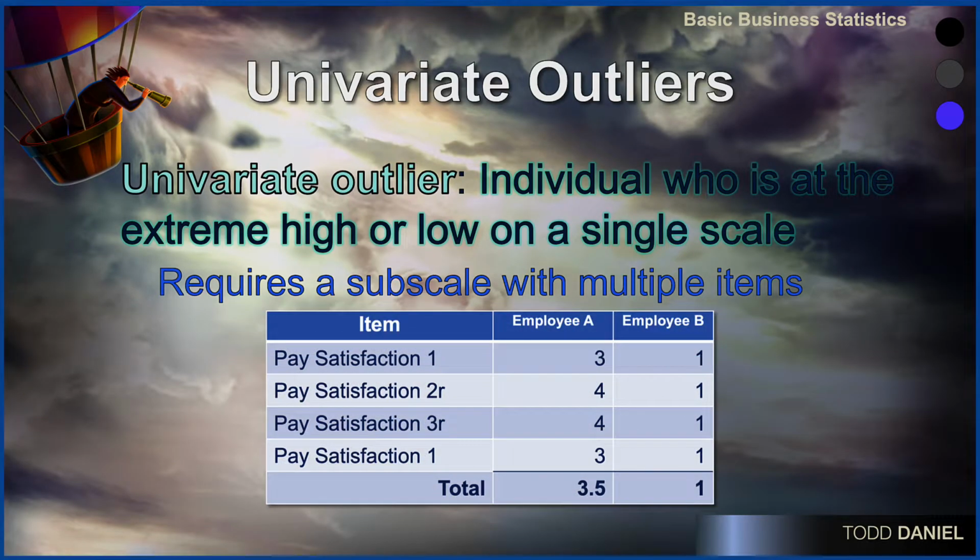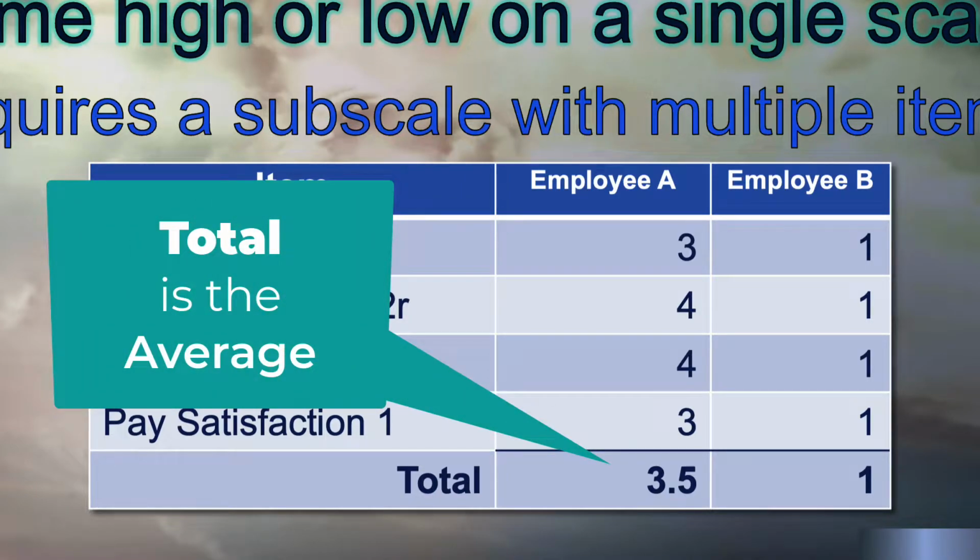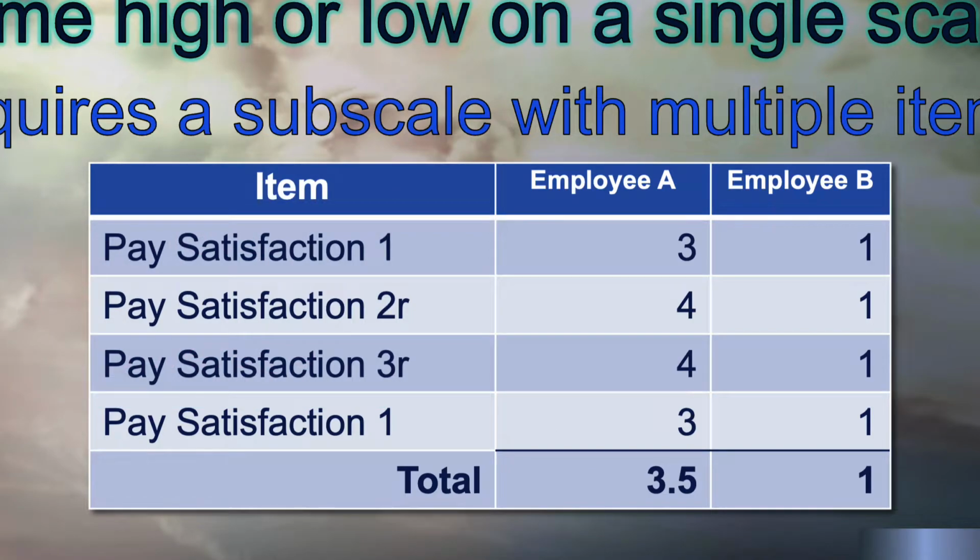We have employee A who answered 3, 4, 4, and 3 on each of these 4 measures of pay satisfaction, giving a total score of 3.5. We also have employee B who answered 1 on each of those 4 measures of pay satisfaction, a total score of 1. This would be a univariate outlier.